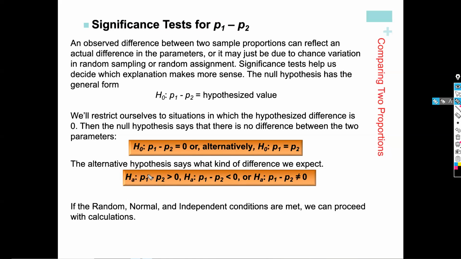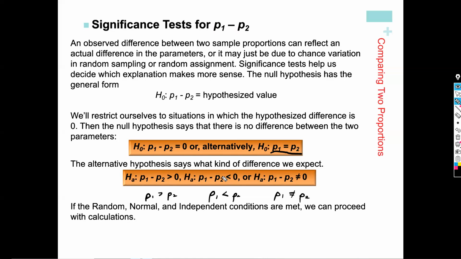The formulas will have to be in terms of P1 minus P2, but if it helps you in stating your null and alternative, you can state your null as P1 equals P2. And then this one would be saying that P1 is greater than P2. This one would be stating that P1 is less than P2. And then this would be stating that P1 is not equal to P2. This would be my two-sided.